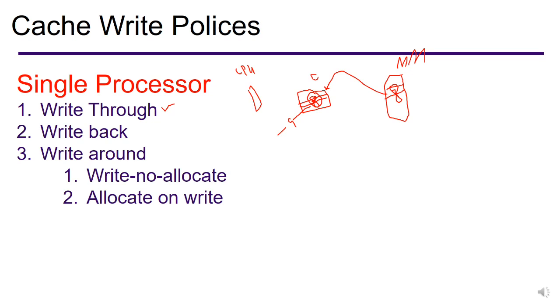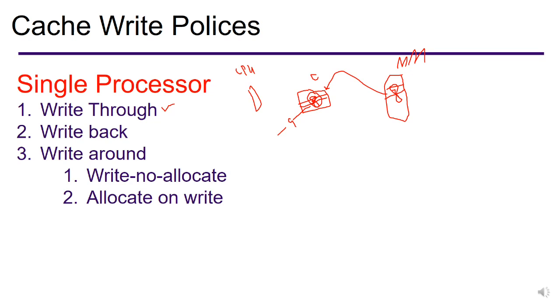The advantage of this policy is that the values in the cache and the main memory are always consistent. There is no inconsistency. This is the advantage of write through policy.